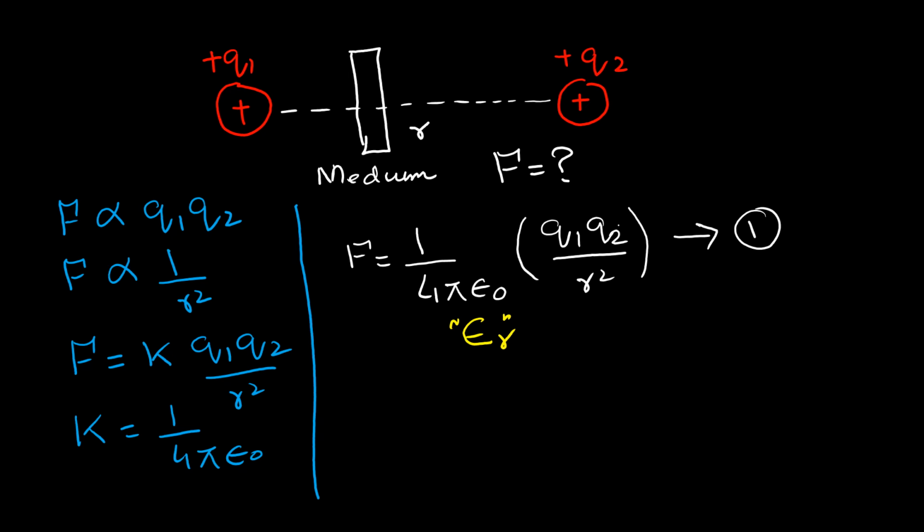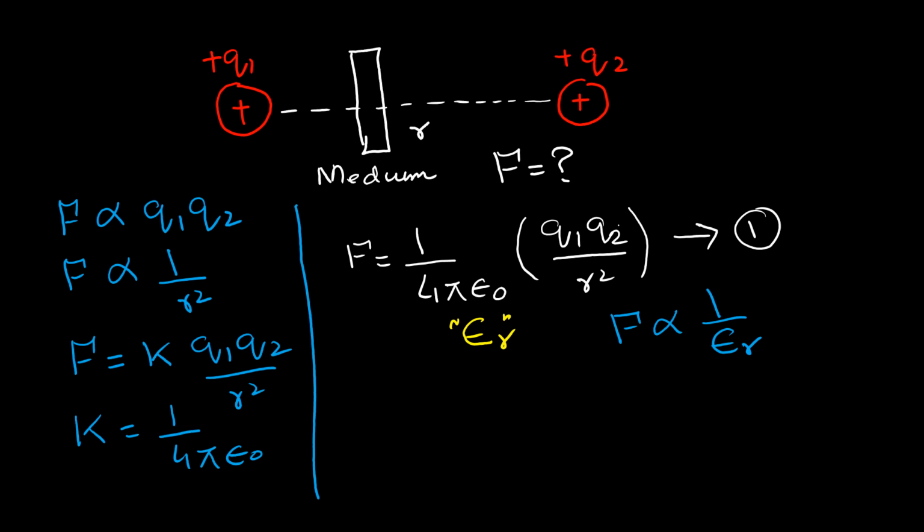Since the medium is present between these two charges, the medium will decrease the force of repulsion between these two point charges, which means the Coulomb force will be inversely proportional to the relative permittivity.